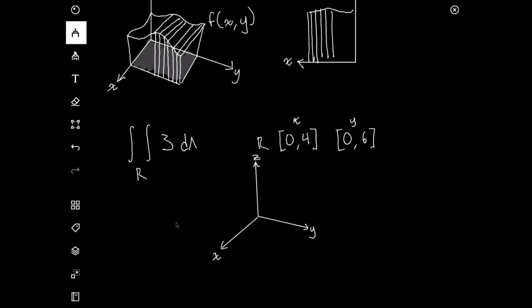So on the x-axis, we go from 0 to 4. Let's say that 4 is right here. Great. And then on the y-axis, we go from 0 to 6. Let's say that 6 is right here. Okay. So we have a rectangle.